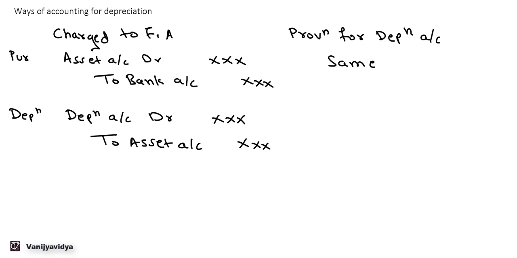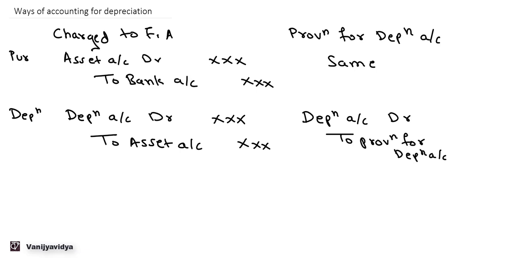When you create provision for depreciation account separately, the entry for the depreciation will be depreciation account debit. Now instead of crediting asset account, we will credit provision for depreciation account. So here the asset account will not get reduced by the amount of depreciation.